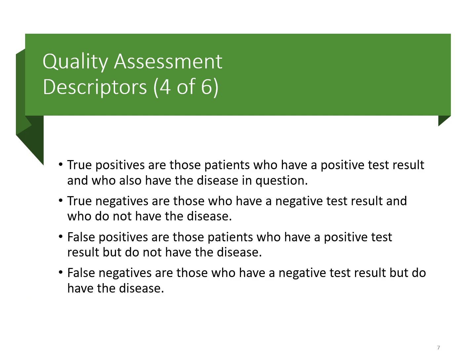In understanding this whole process, we need to talk about some terminology. A true positive is a patient that is known to have a particular disease and they test positive. That test proves that yes, this patient truly has this disease.